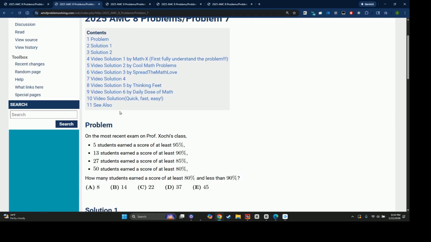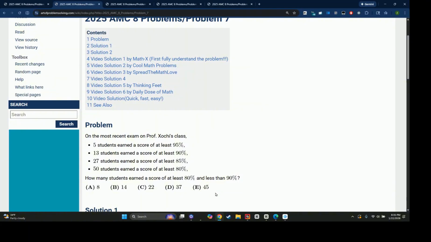50 students earned a score of at least 50. And it asks how many students earned a score of at least 80%. And there's 50. We do not count the 27 students because at least 85 means they also earned at least 80, because 85 is higher than 80.